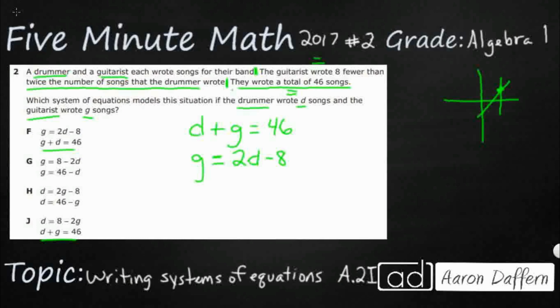Okay? And so we see here that it's all kind of mixed up down here on J, so that's not going to work there. And you see that we've got both of the equations that we're looking for on F. And if we're looking at G and H, they don't even have this basic one of D plus G equals 46.